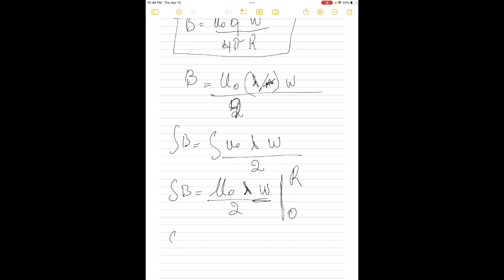So at the end, it's going to give us B equals the constant multiplied by the charge density multiplied by the angular velocity multiplied by r divided by 2.